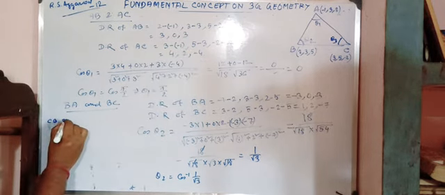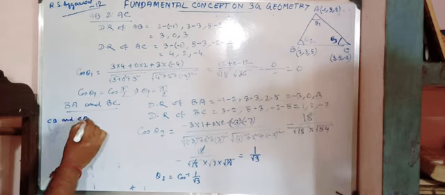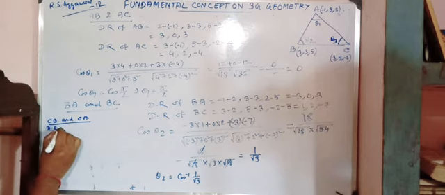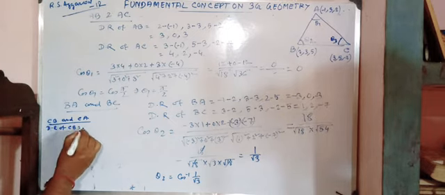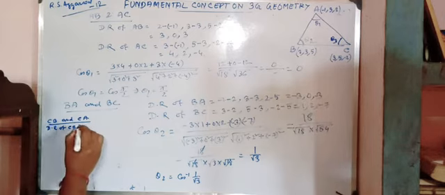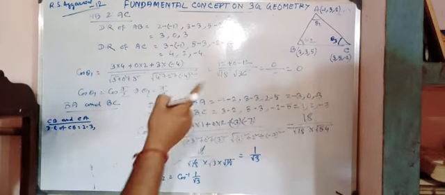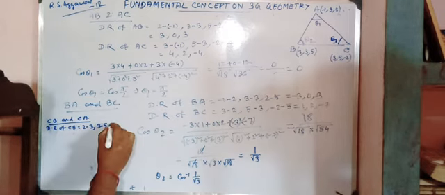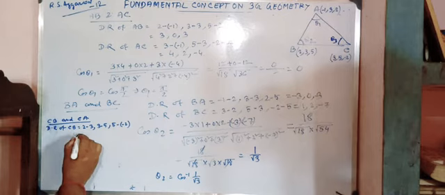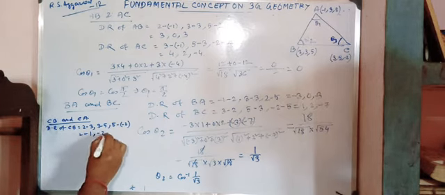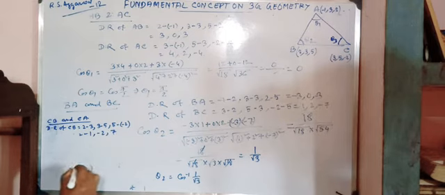Understood that? So the direction ratio of CB is equal to 2 minus 3, 3 minus 5, and 5 minus of minus 2. That is minus 1, minus 2, and 7.